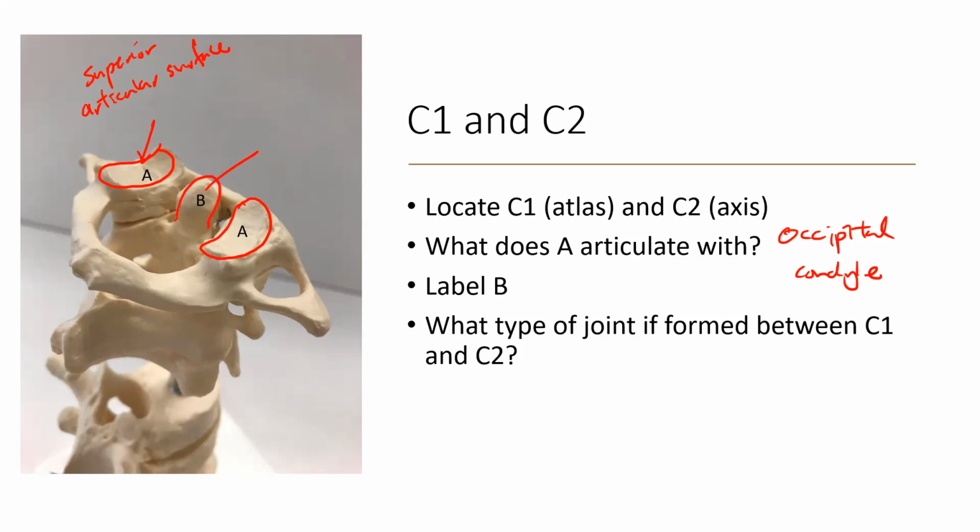This particular protruding knob is called the dens of C2, of the axis. It goes through the center of C1. The center of C1 is just the vertebral canal. And it forms a pivot joint, of course. Pivot joint.